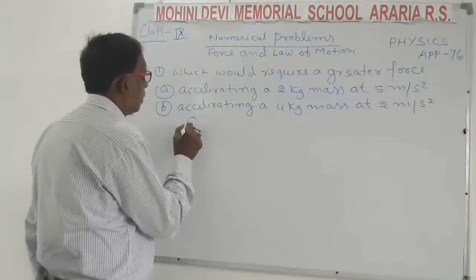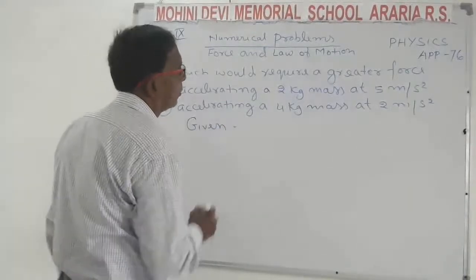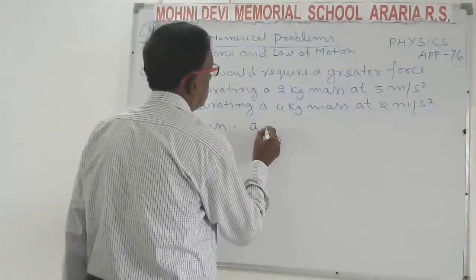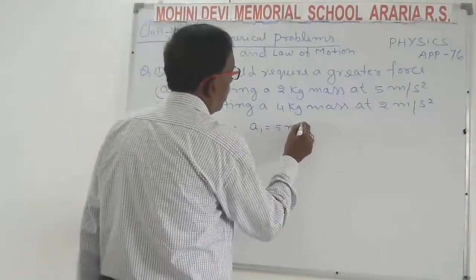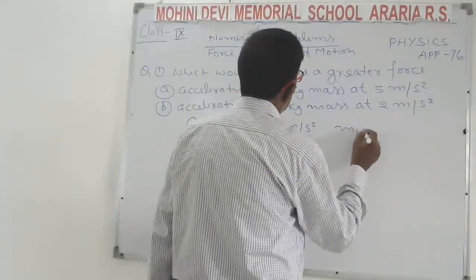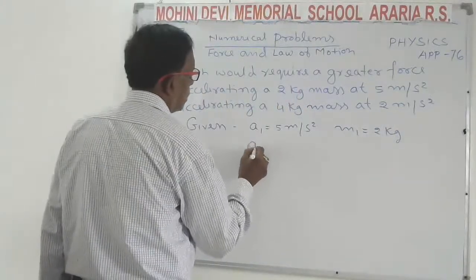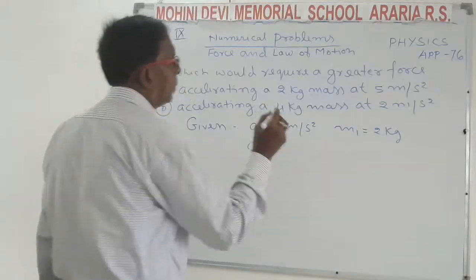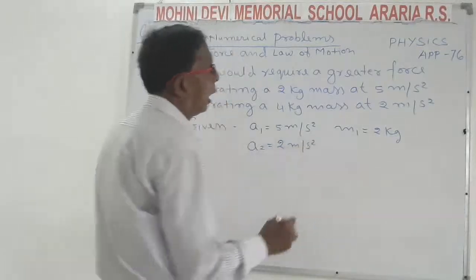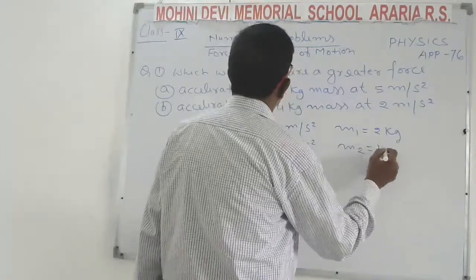At first you have to write what is given, which physical quantities are given. Here, acceleration a1 is 5 meters per second square, and mass m1 is equal to 2 kg. Another acceleration, a2, for the other object is 2 meters per second square, and the mass m2 is 4 kg.